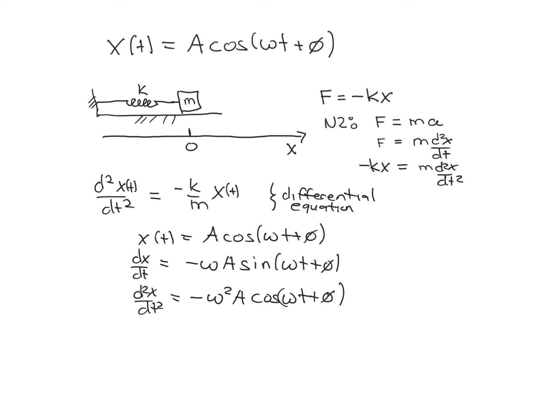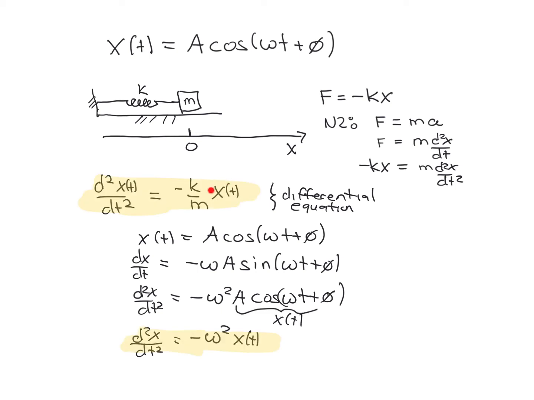Notice that, as we were looking for, the second derivative is equal to minus something times the function itself, times x of t, because we recognize that this part here is just x of t. So for this particular x of t, the second derivative with respect to time just gives you minus omega squared times the function itself.